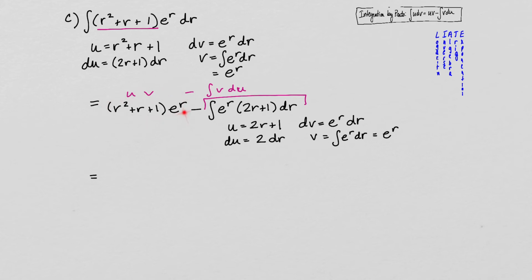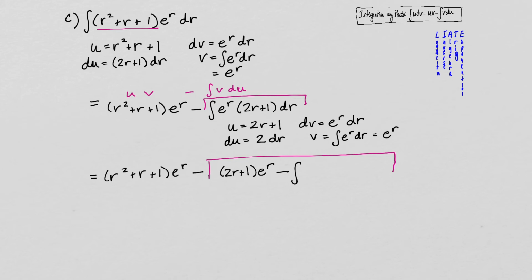So we still have to bring down this part, okay? That part's going to come down and stay: r squared plus r plus 1 times e to the r. Minus, so I had this pink portion, which was the integral. I'm going to replace that integral part with a new thing. It's going to be uv, so 2r plus 1 times e to the r, minus the integral of v du.